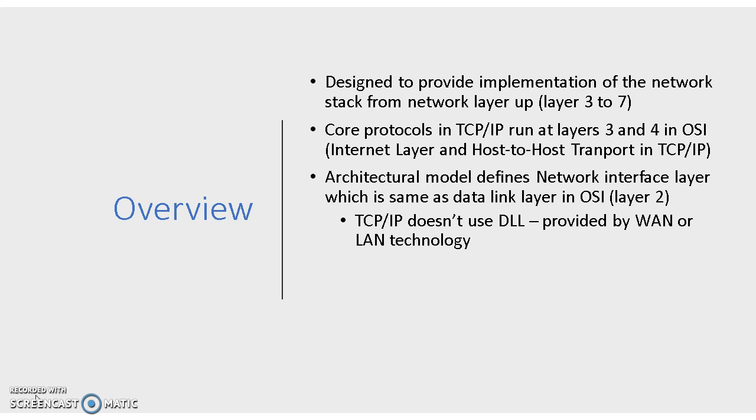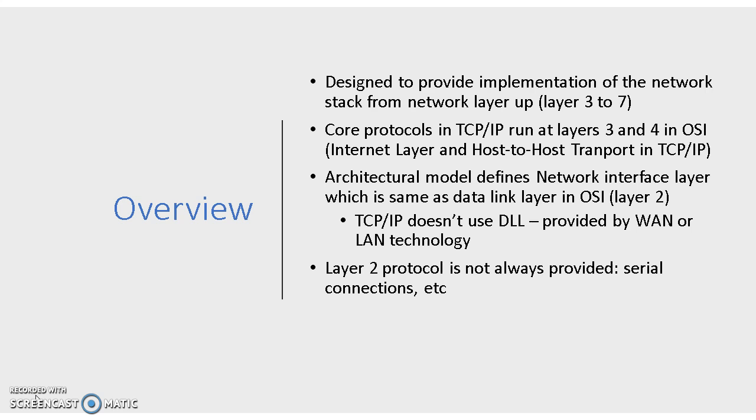Architectural models define the network interface layer, which is the same as the data link layer in the OSI, known as layer 2. However, the TCP/IP model does not use a data link layer. Those are provided through WAN or LAN technologies.